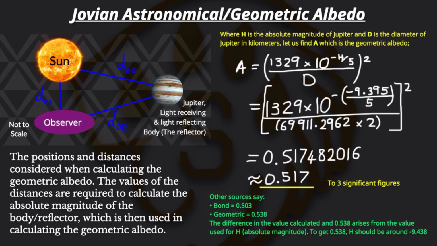If you look down there in green, the h used by other sources was around negative 9.437 or 438, to get 0.538 as their geometric albedo. So you should also take note of that. If you can see where I made the mistake in my calculation, please comment down below and we'll see where I went wrong. But let us continue.